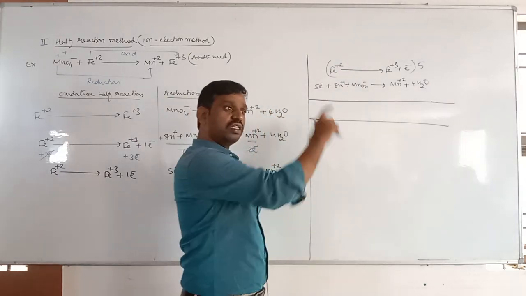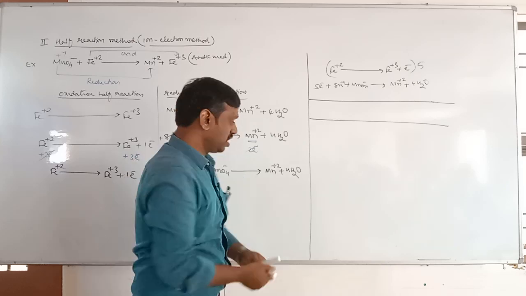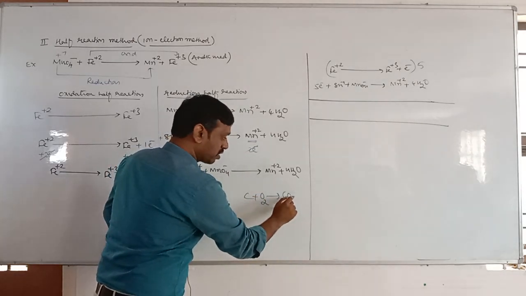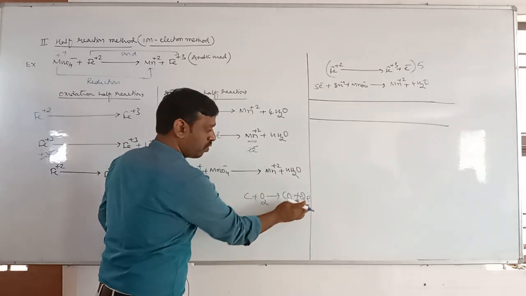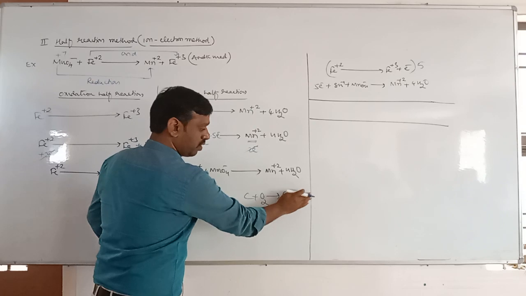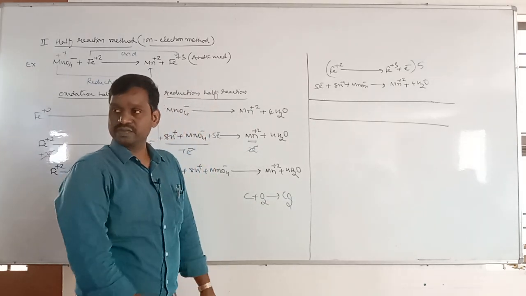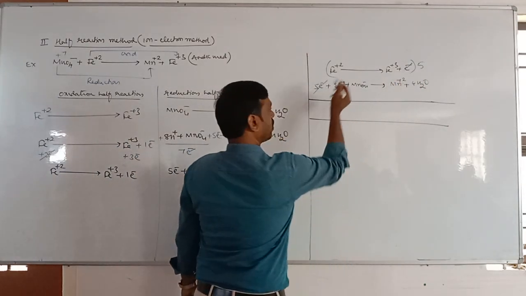Because in the final equation you should not write electrons. For example, when you write carbon reacts with oxygen to give carbon dioxide, will you write that 2 electrons are evolved? No, we don't write electrons. In a balanced chemical equation, we should not write electrons. So now the 5 electrons get cancelled.